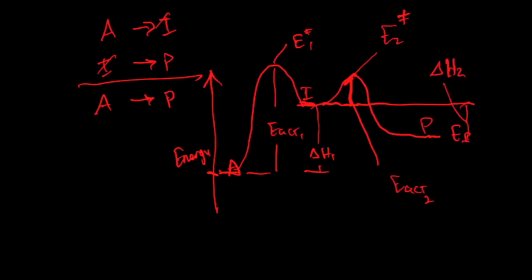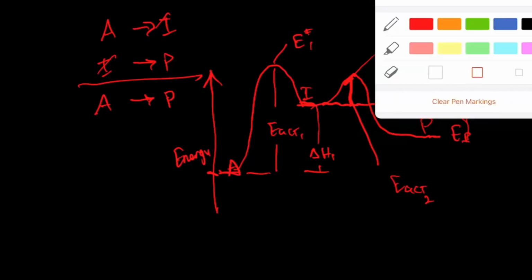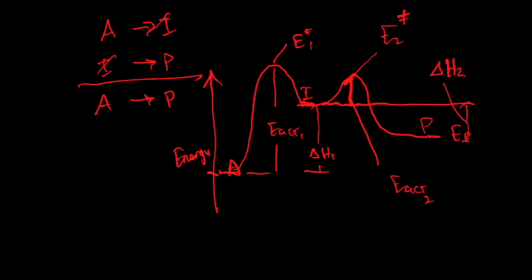So you treat each step as its own reaction: reaction 1, reaction 2. But when you're looking at the overall reaction, what you see is where you start and where you end, as well as the highest point right here.